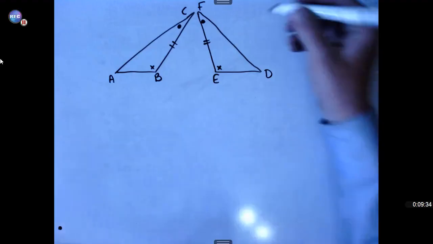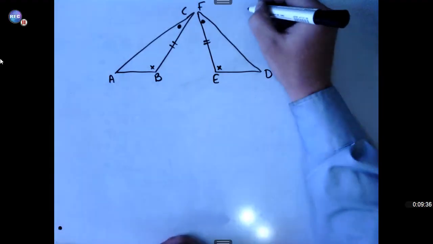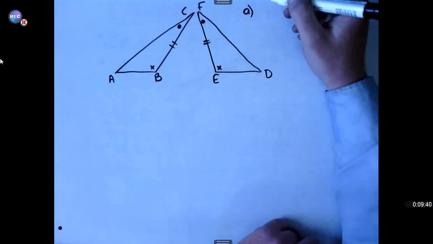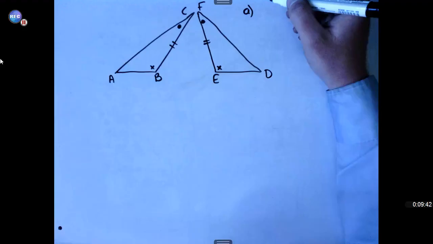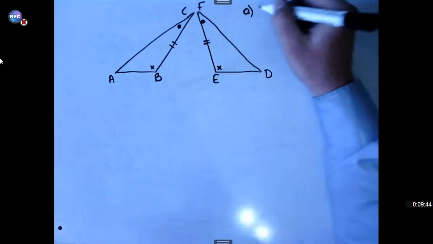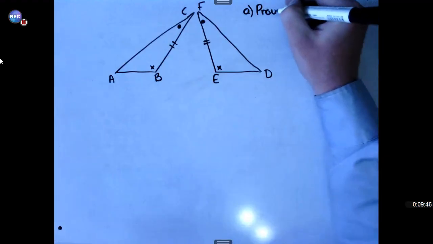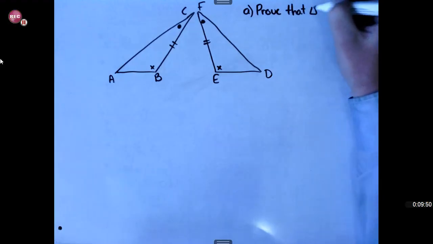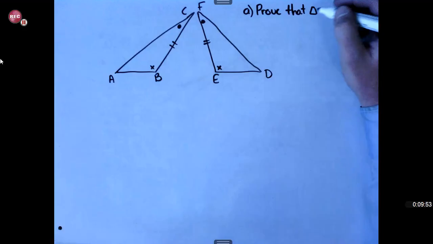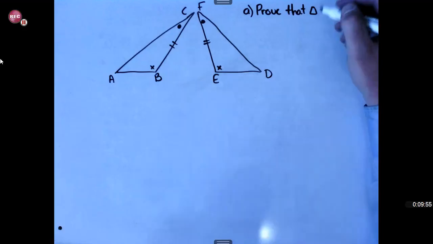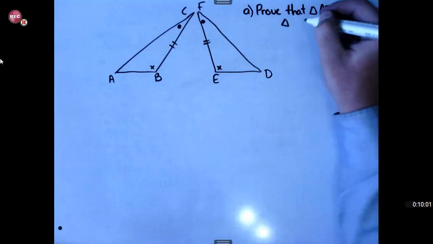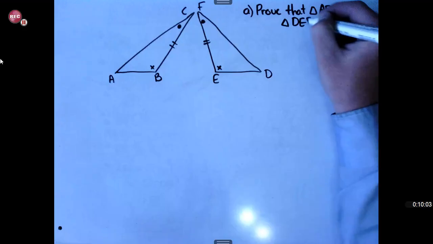Okay, obviously first question would then be the following. I would ask you the following question, so I'm just going to write them here. So the first question I'm going to ask you is obviously to tell me or to prove the congruency. Prove that triangle ABC is congruent to triangle DEF.